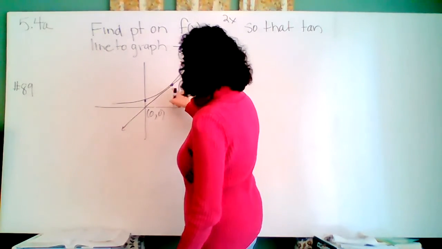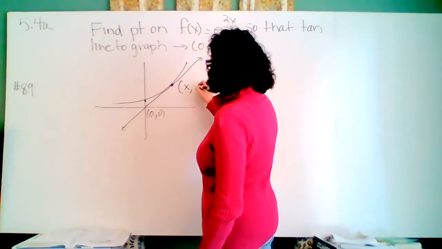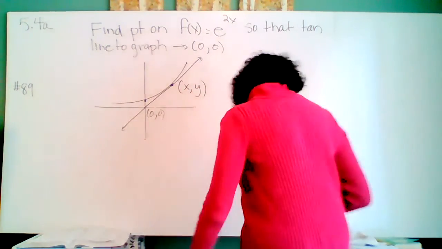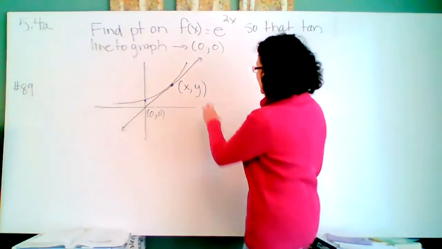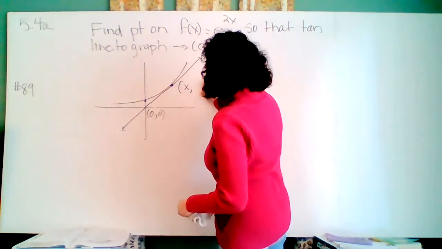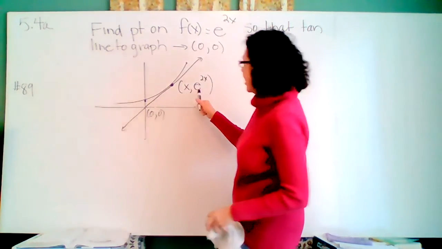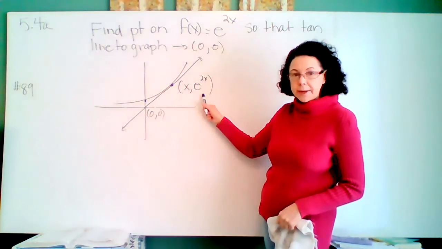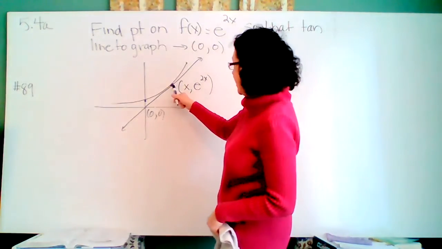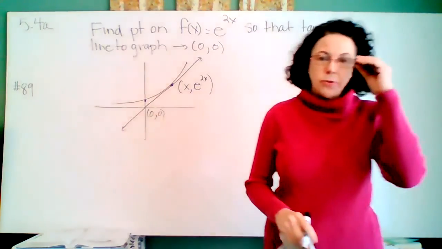Now notice, what they want is this point right here. That is some x and some y point. But I know what the y is. Any x on this curve, its y is defined as e to the 2x. So they're asking us to find this point on this tangent line and the curve where the tangent line goes through 0, 0.